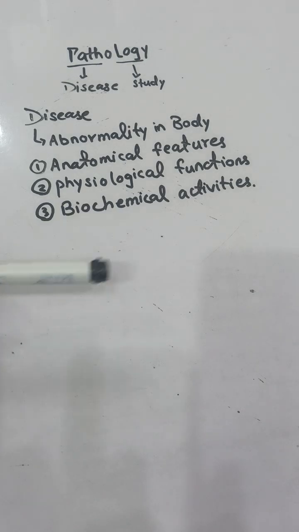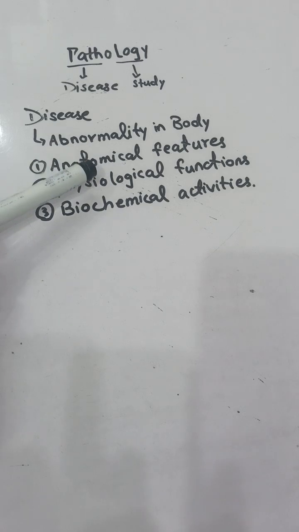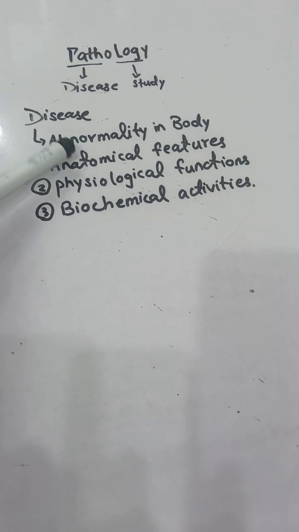You cannot define a disease only as an abnormality in the body. Whenever someone asks you what a disease is, you can't define it in a single way, that it is the abnormality in the body. No, you have to properly define it: disease is the abnormality in the anatomical features, physiological functions and the biochemical activity of the body.